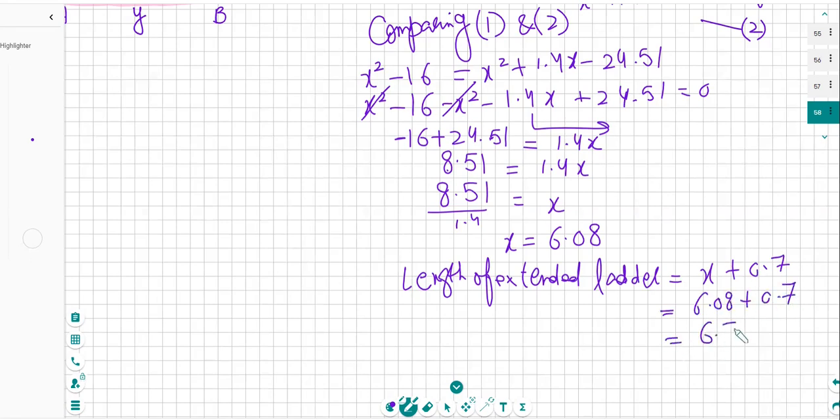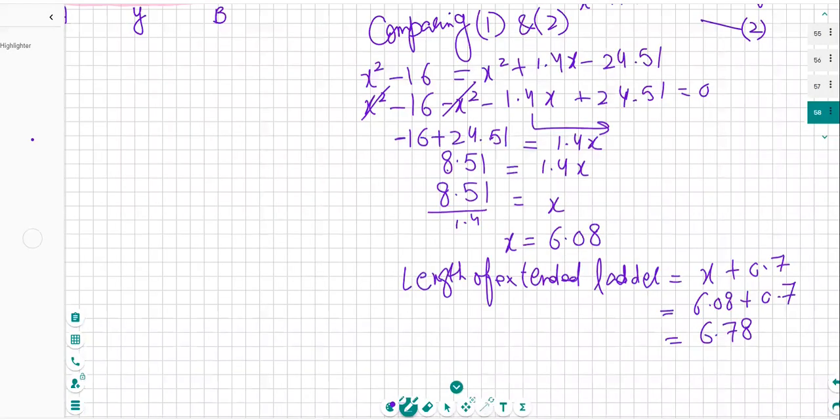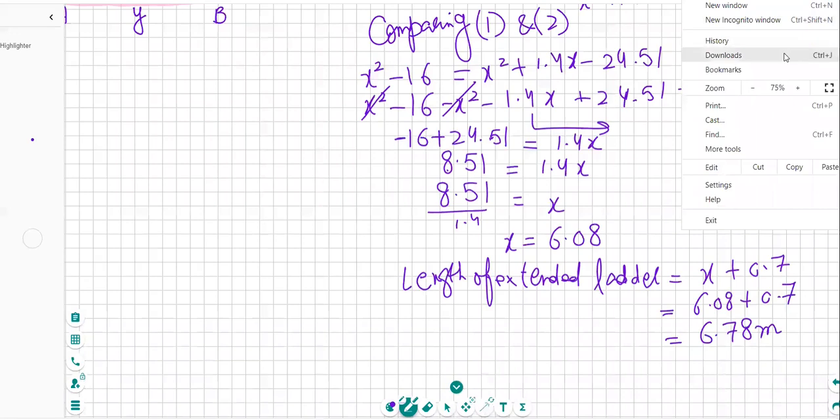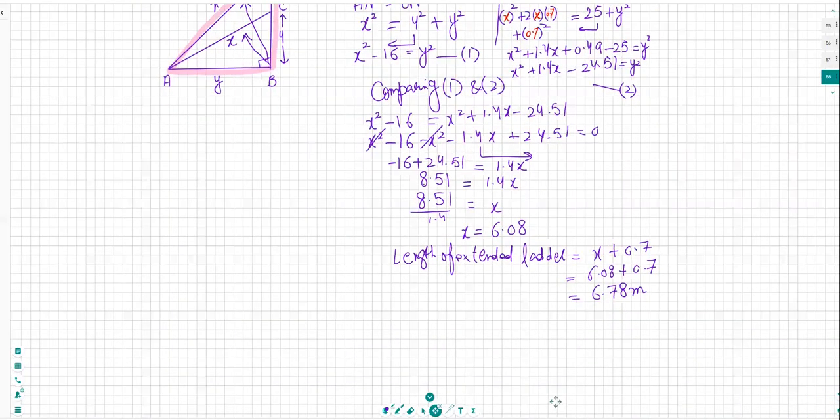So we get 6.78. In meters or centimeters? In meters, right? Okay. You can note this.